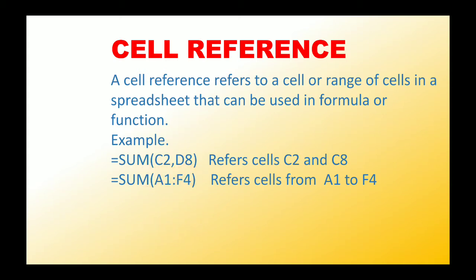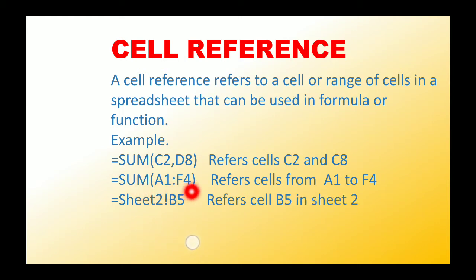Similarly, in the next formula we can see Sheet2!B5. It refers to cell B5 in Sheet 2. What does it mean? In a cell reference, it is not necessary that the cell is on the current sheet. It could be from a different sheet also.